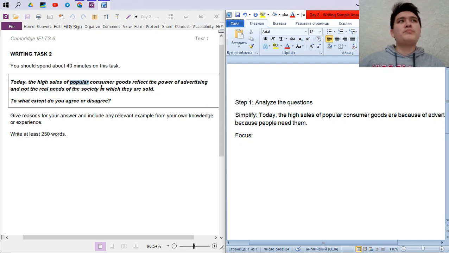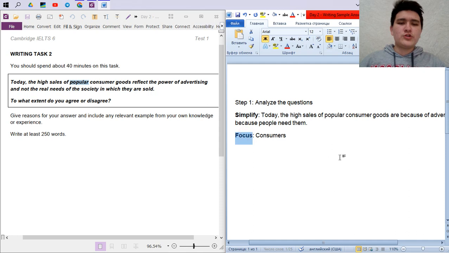You would end up writing about just consumer goods, any consumer goods that you find. But here every word combination is important. Otherwise, you'll probably get a low score for task response. Remember that. And what's the focus of this question, or who is the focus of the question? It's the consumers, right? So consumers are the focus of this question, like consumers are being targeted.